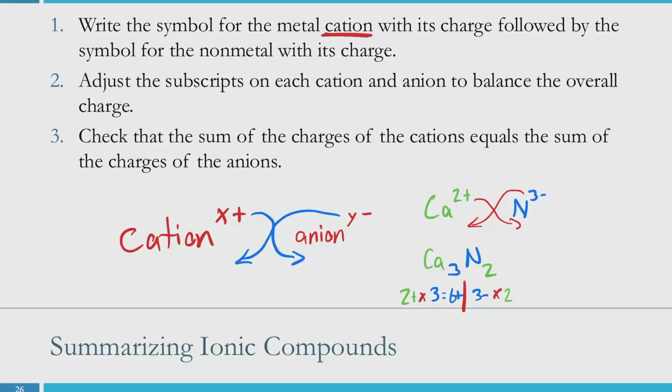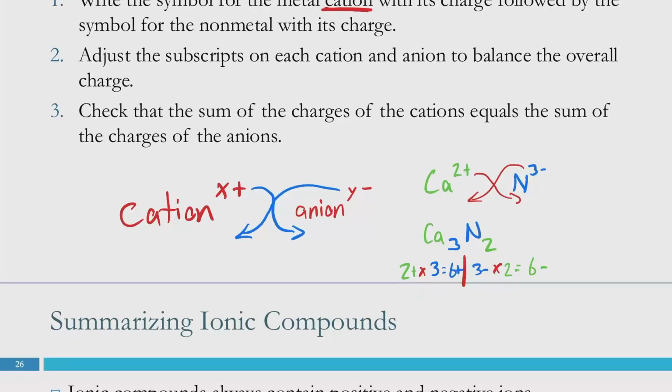So 3- times 2 equals 6-. We've got a total 6-, total 6+. Those are the same but opposite. They'll balance out. We've got a neutral collection of cations and anions. And we can't reduce the subscripts at all. So swap and drop or crisscross works a lot of the time. Sometimes you do have to simplify.